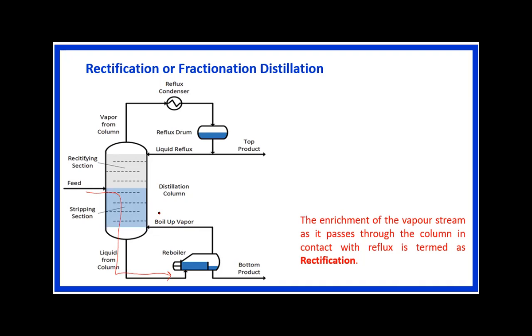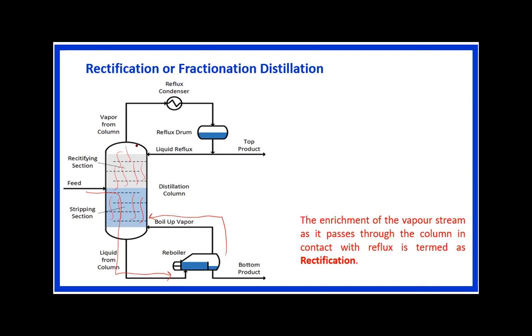After getting the heat from the steam, the liquid components convert into vapors, and this vapor mixture is mostly MVC at the initial state, as its boiling point is low. So MVC rich vapors go to the column again.